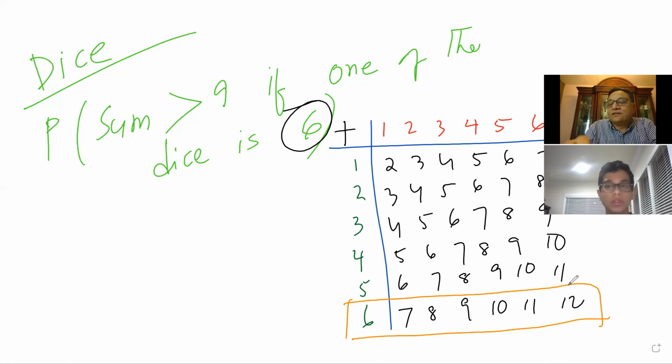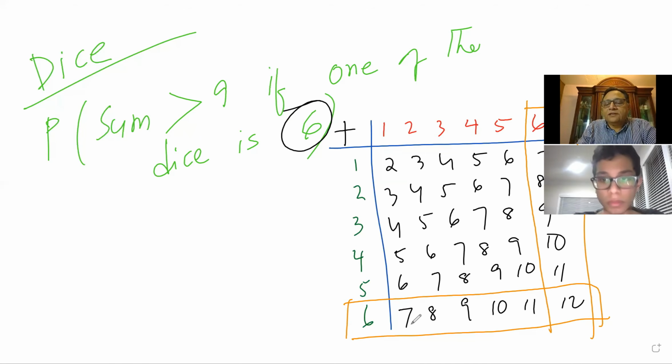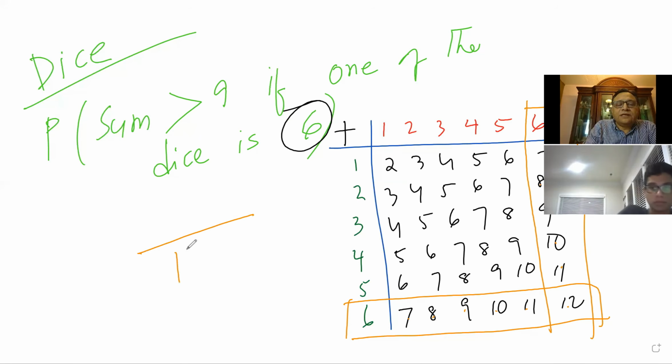The other possibility is that this could be 6. And now my domain has been restricted only to these numbers. How many are there? 1, 2, 3, 4, 5, 6, 7, 8, 9, 10, 11. So that comes in the denominator. These are the total outcomes possible if one of the dice is 6. Is that clear to you?